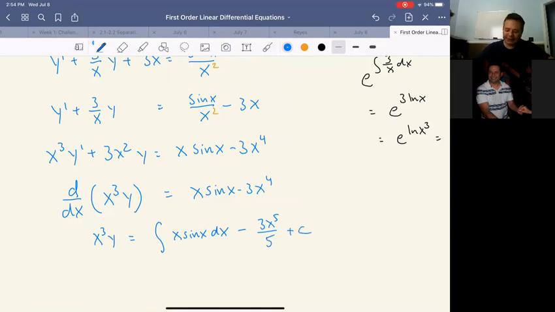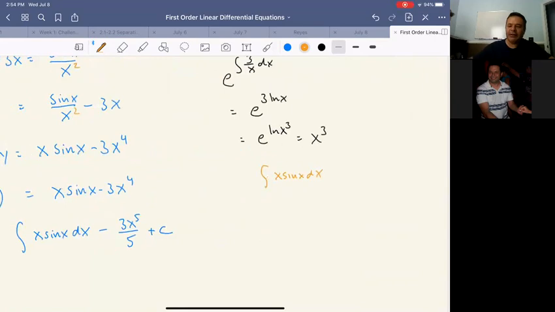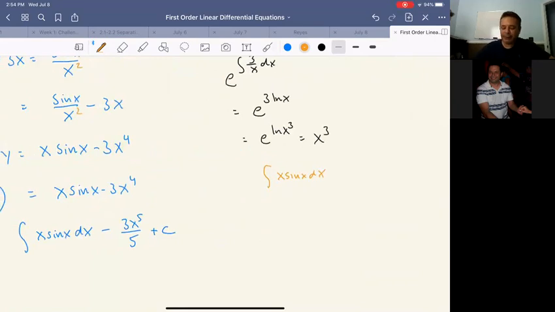Now I'm going to have to do this x sine x. Integration by parts is awesome. I'm just telling myself that. Remember, when I'm doing integration by parts and I have a polynomial times a trigonometric, I'm always going to let my u be my polynomial.